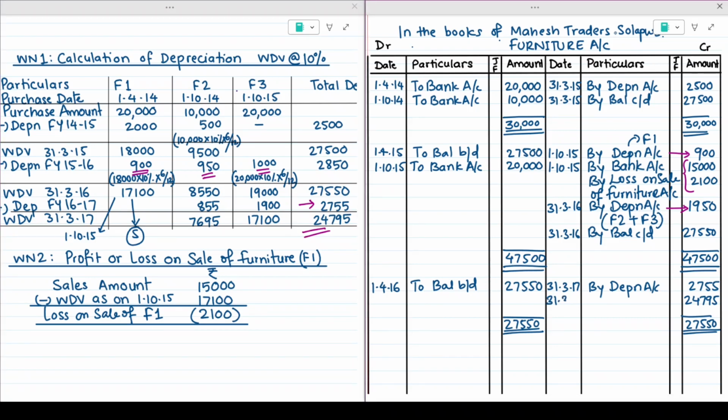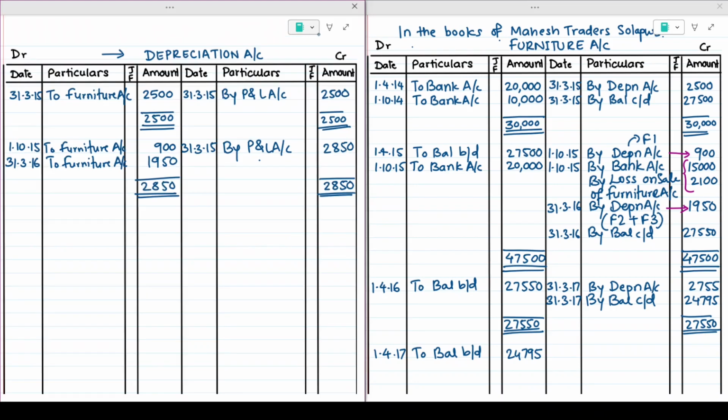So on last date of the year by balance closed down, and this amount will carry forward in next year on 1st April 17 to balance brought down 24,795. So furniture account is closed. Now we have to pass this depreciation entry in depreciation account.